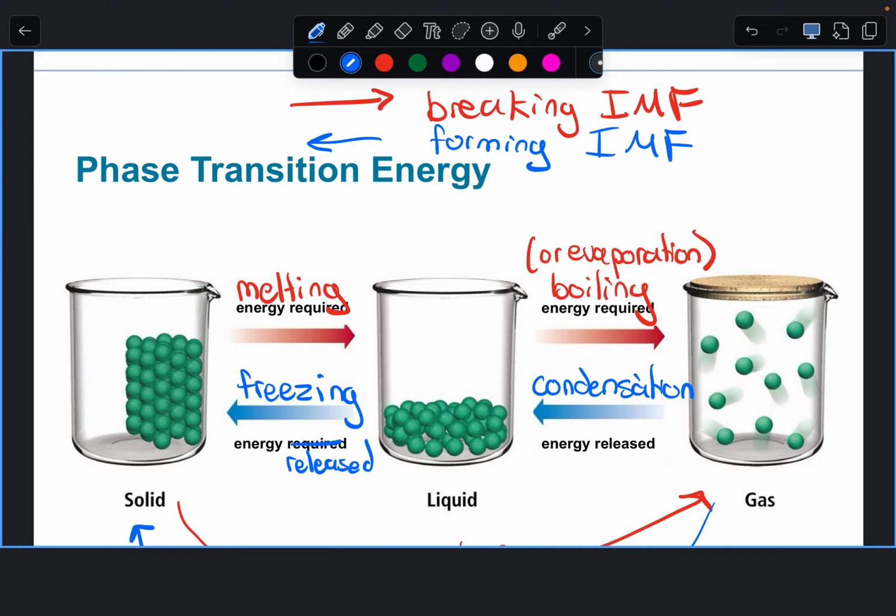So this is very much connected with what we've been doing up to this point, because we're talking about those intermolecular forces, but all we've talked about so far is relative strength. So we've said, if I have two molecules and one is hydrogen bonding and one is dispersion forces, I know the energy required is going to be greater for the hydrogen bonding.